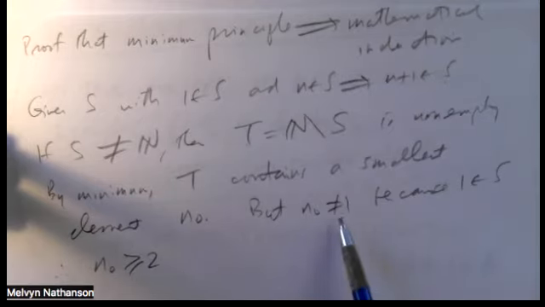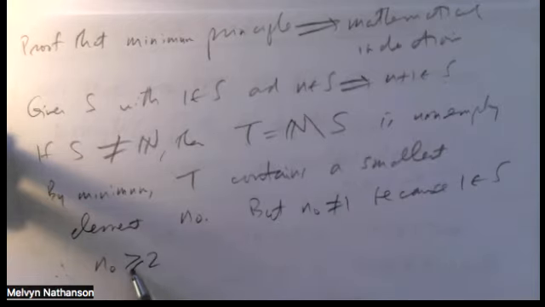But n naught can't be equal to 1, because 1 was in the set S. So therefore, n naught has to be at least 2, because if it's a positive integer and not 1, it has to be at least 2.